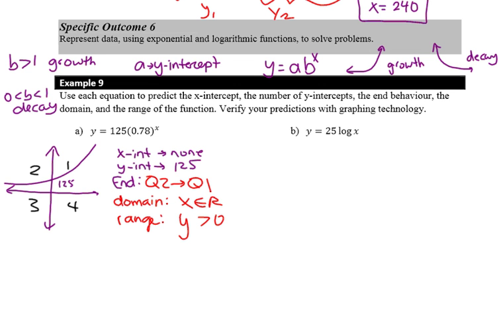All right, we're almost at our limit for time. Log functions looked a little different. A log function had growth and decay as well. If you had a growth, it looked like this. Remember, it's the inverse of an exponential reflected in y equals x. If it was a decay, it looked like this.